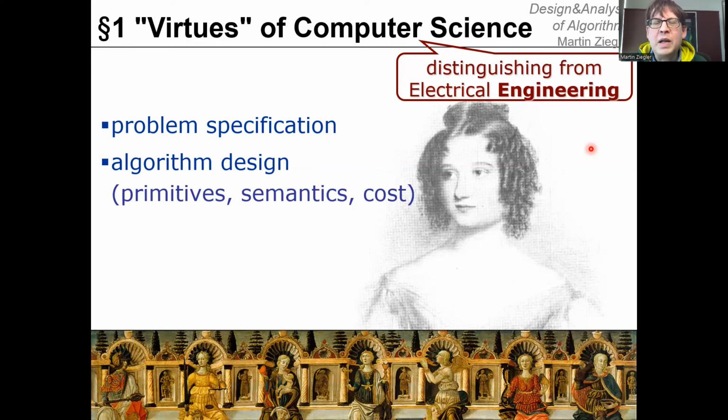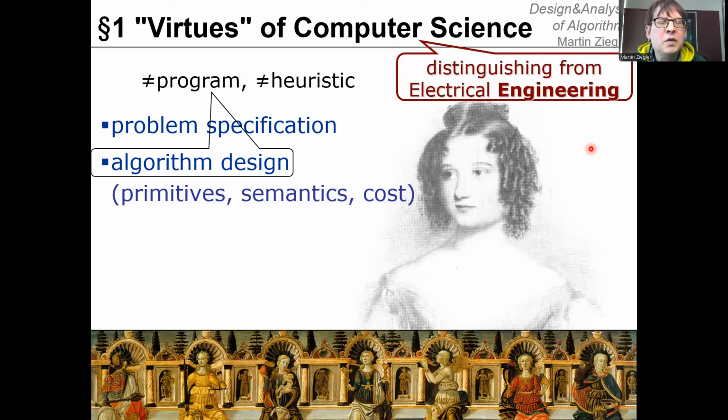And that's an important lesson that I want to pass on to you, because here in computer science, we design algorithms, and implementing and programming then comes after that. So algorithm design is not to be confused with writing a program, and also an algorithm is not to be confused with a heuristic. And the major difference between an algorithm and a heuristic is that an algorithm must be analyzed.